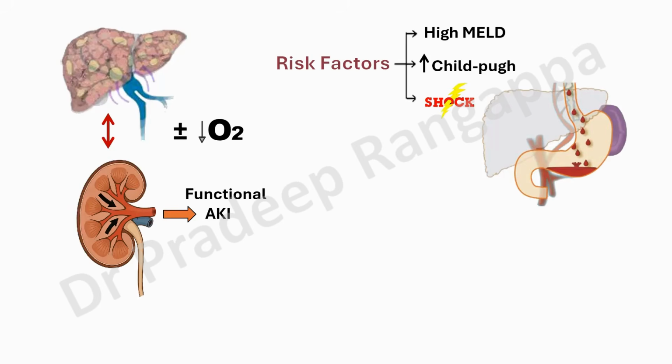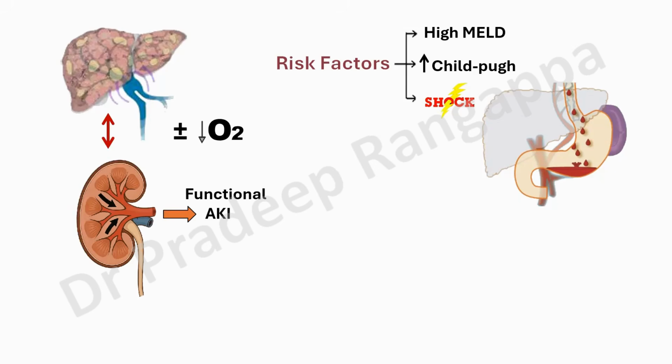Someone with portal hypertension coming with a variceal bleed, these act as a trigger and risk. Or someone who's having sepsis with worsening hypotension or shock could be a trigger for worsening acute kidney injury, which we all understand intuitively are risks. But when I show you the criteria, actually they all become excluding factors, which we'll talk about. So these are the risk factors.